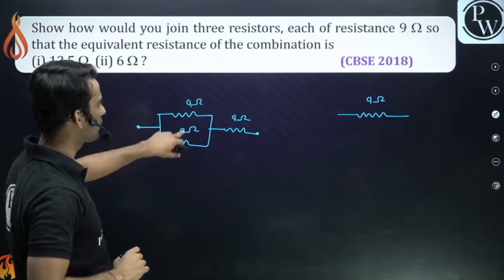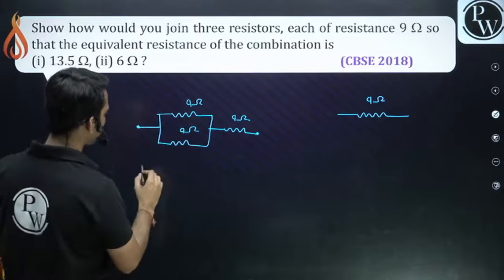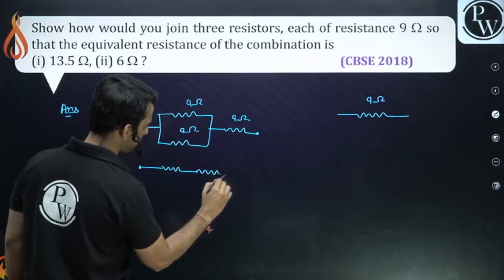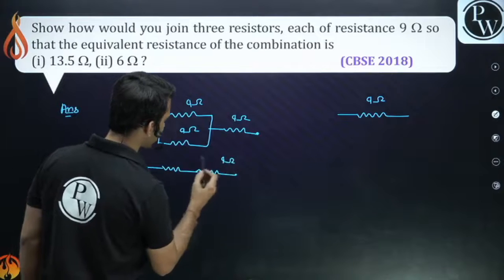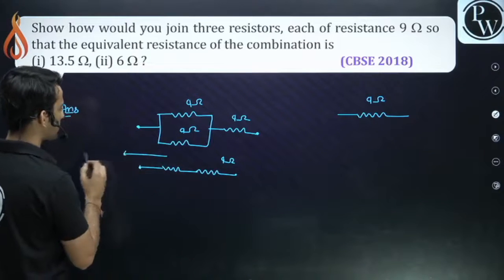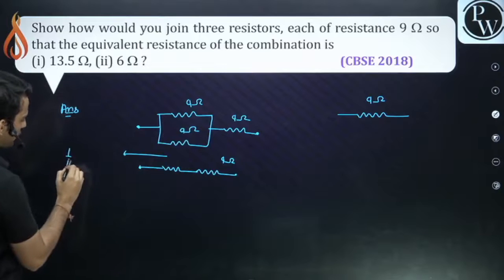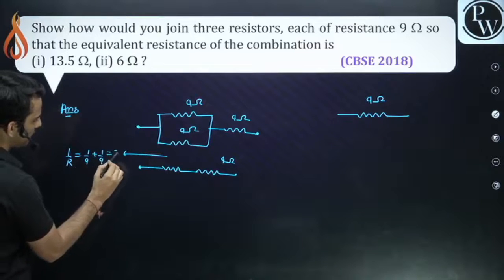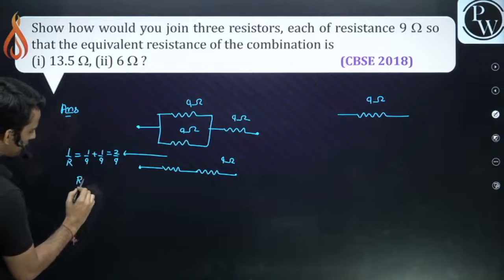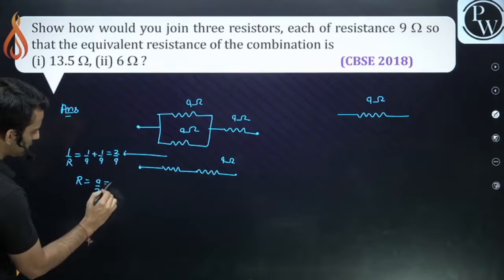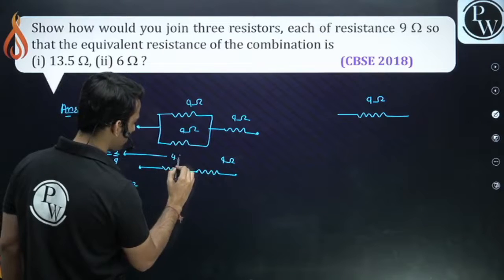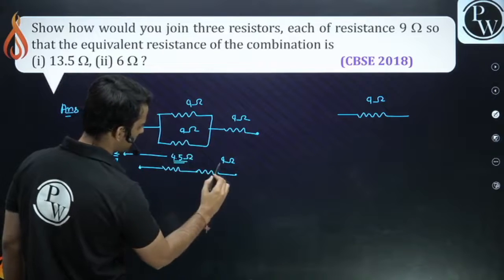9 on 9, the effective of this will be 4.5, isn't it? What is the effective value of this resistance, guys? 9 on 9 parallel. So 1 by R would be 1 by 9 plus 1 by 9. It will be 2 by 9. So R would be 9 by 2, which is 4.5 ohm. So this resistance would be 4.5 ohm and this is 9 ohm.